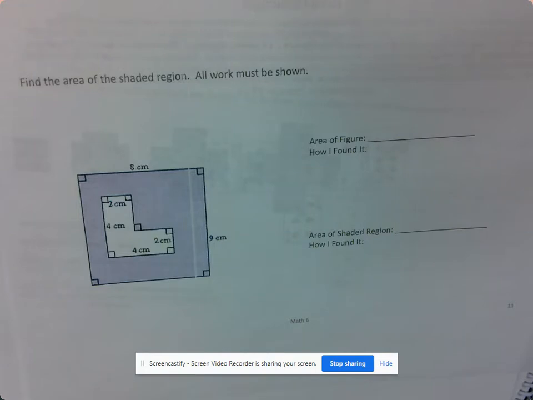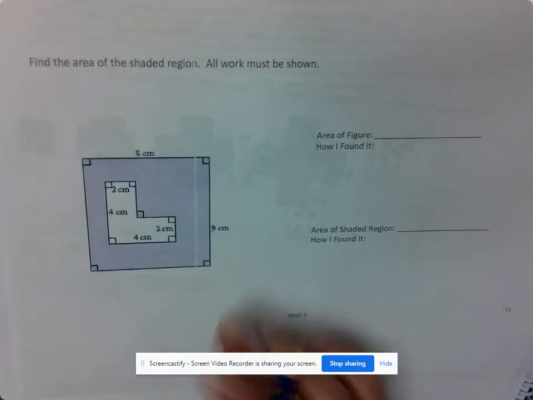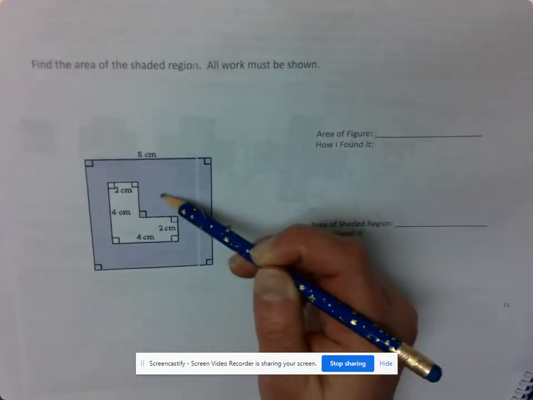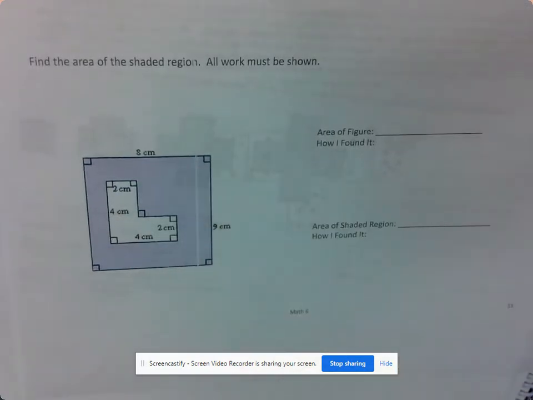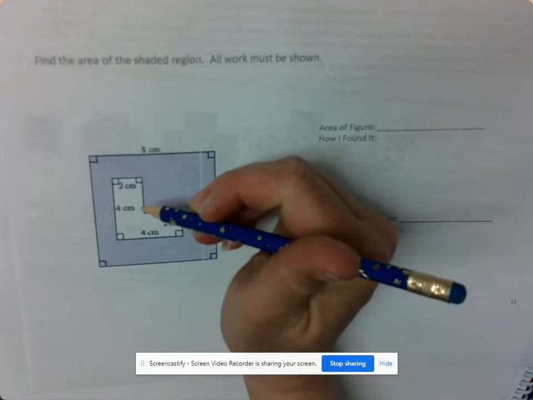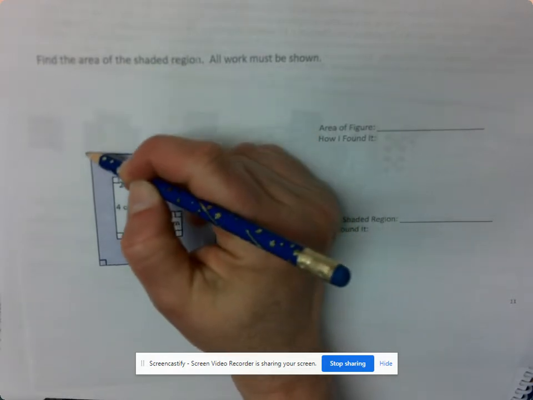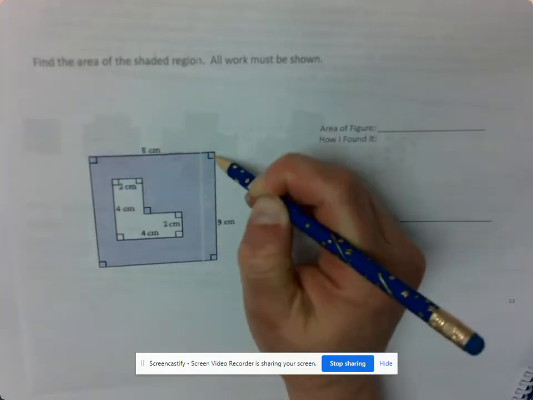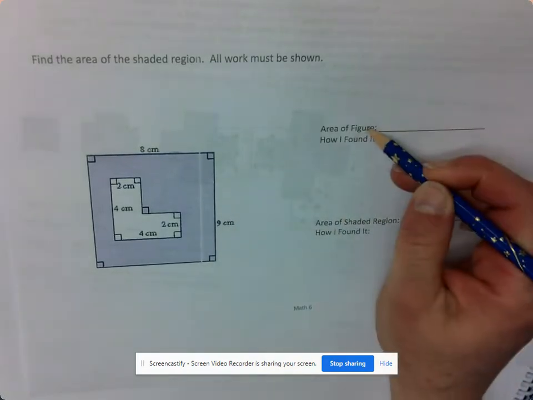On this page, it says find the area of the shaded region. That is a goofy shape. What do we have to do to find the area of a goofy shape? What are we going to have to do, Tristan? Turn it into shapes that we know. Well, this goofy shaded shape would be a lot of work, so I think it's easier to find the area of our full figure.